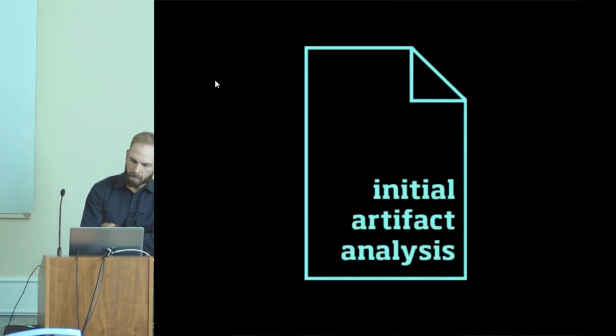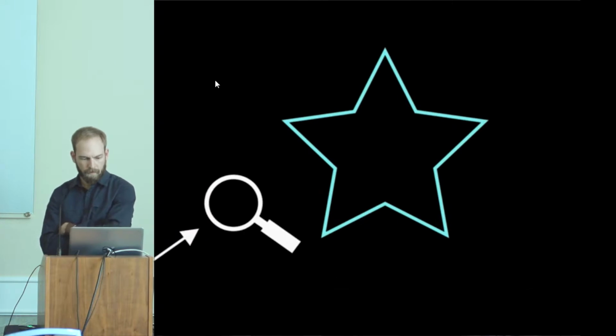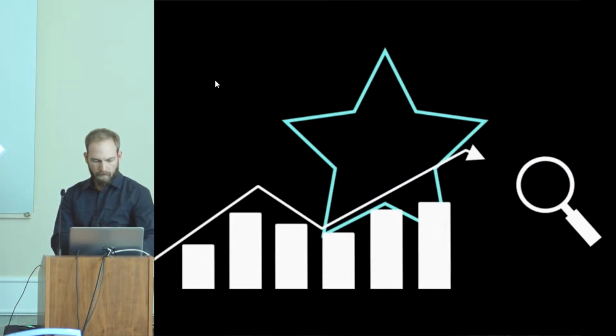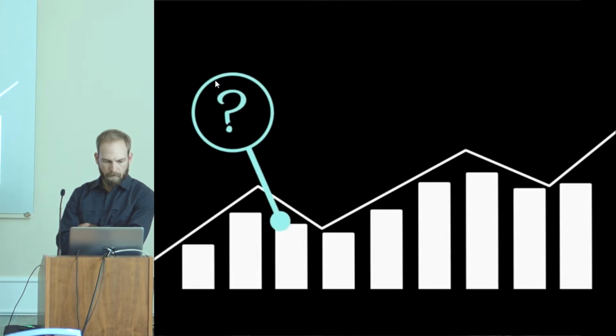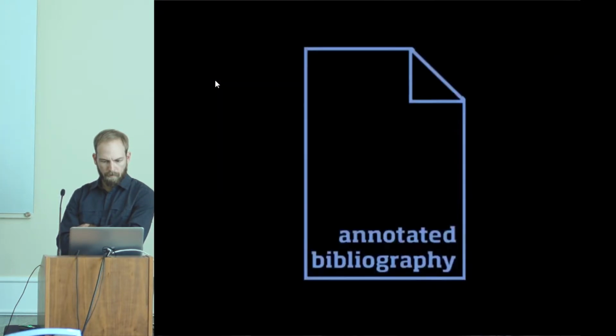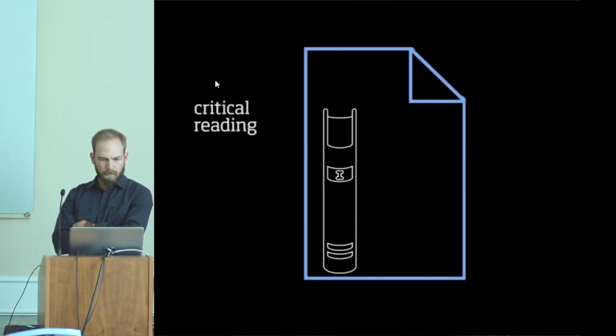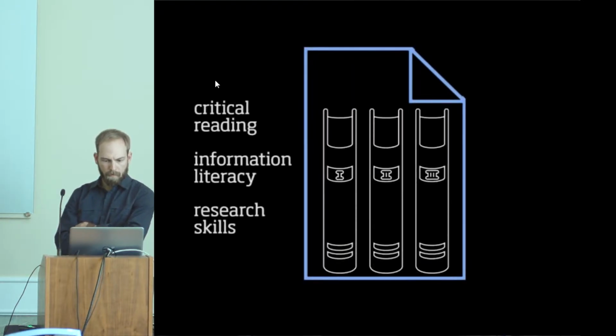We begin the project with the initial artifact analysis, where you'll perform a close analytical reading of a cultural artifact of your choosing. After doing some initial analysis, you'll have a better idea of what issues are being raised by your artifact. To explore and better understand those issues, we turn to research, beginning with the annotated bibliography. This assignment focuses on critical reading, information literacy, and research skills.